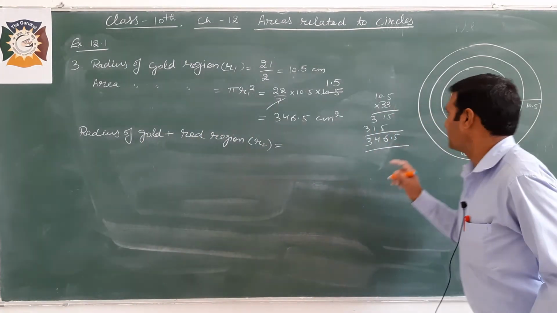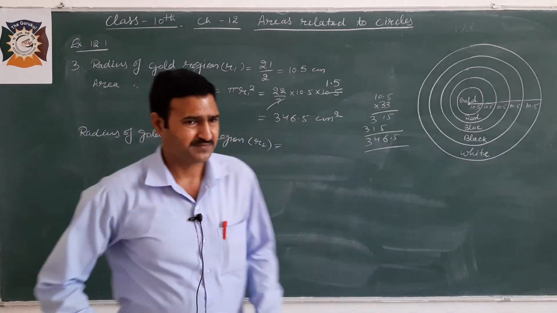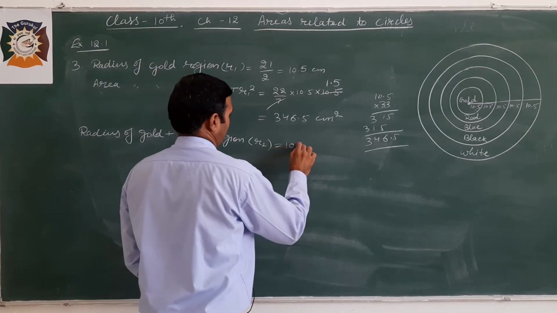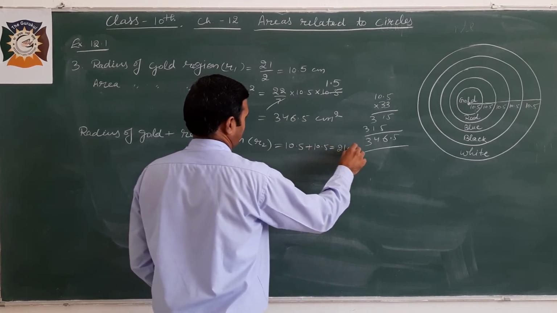R1 of gold is 10.5, red region's width is 10.5. Radius is measured from the center, so the radius of this region, gold plus red, is 10.5 plus 10.5, that is 21 centimeter.